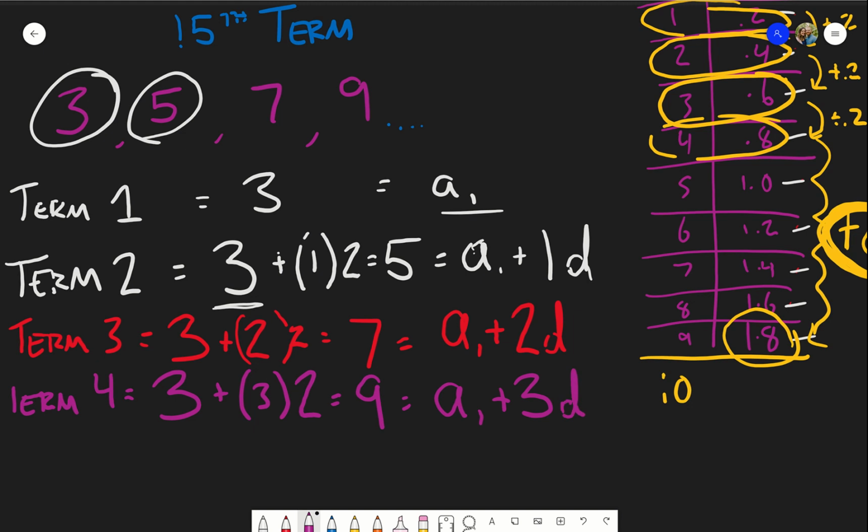Okay, this is getting confusing. This is how I'm going to show you how to justify our next formula, and definitely something you're going to want to write down here.